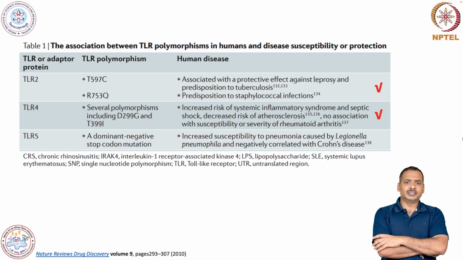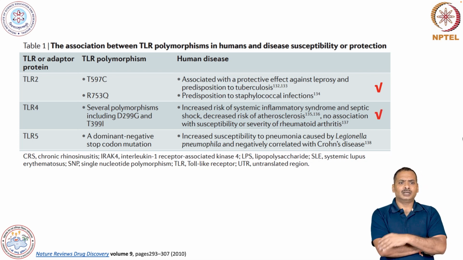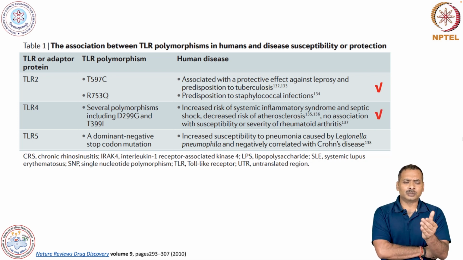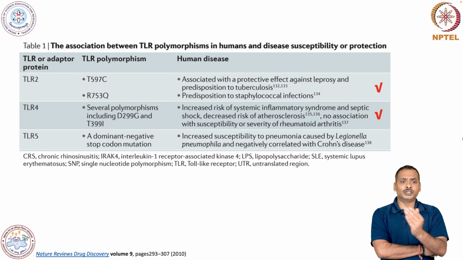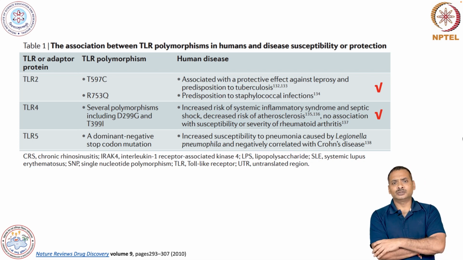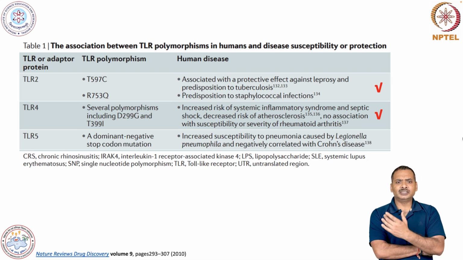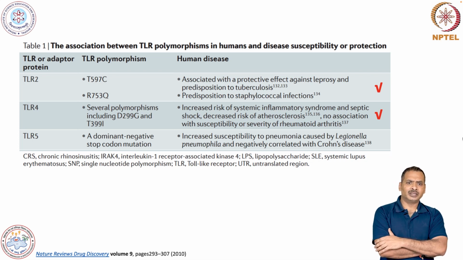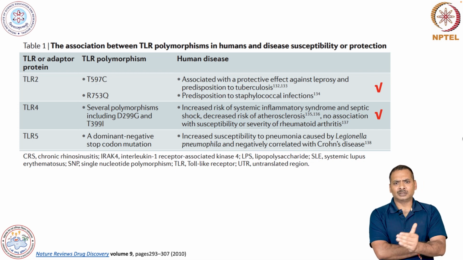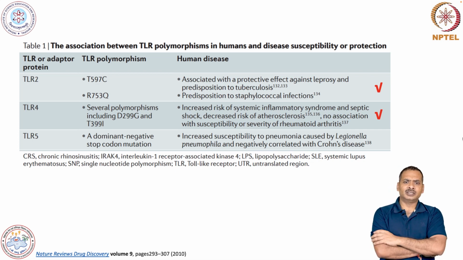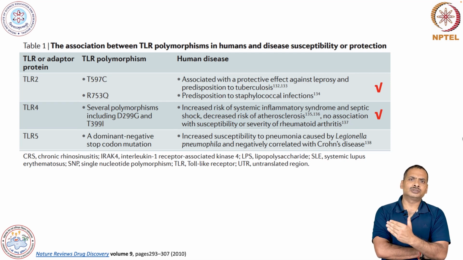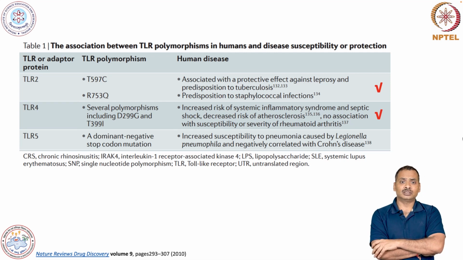TLR4 I have already discussed, and I will talk about one more polymorphism, which is basically threonine converted into isoleucine at position 399, and these individuals may have, as I told you, a reduced risk of atherosclerosis.